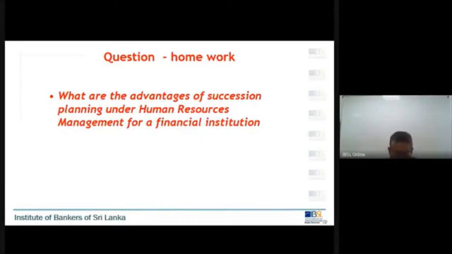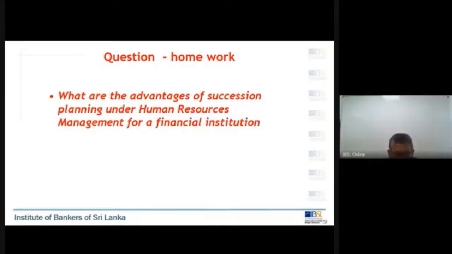That's the first advantage. Another advantage: it is a systematic approach to promoting staff. That's the second advantage. Now I have given you two advantages. Most of the time the examiner will ask you to write short notes. If a question comes like that, write short notes about succession planning.